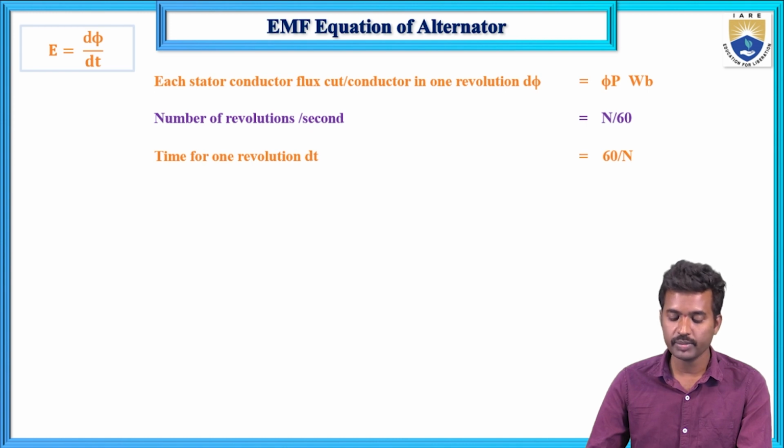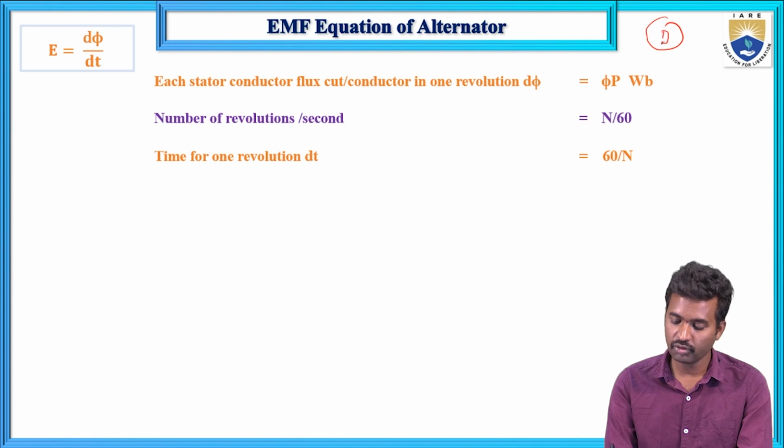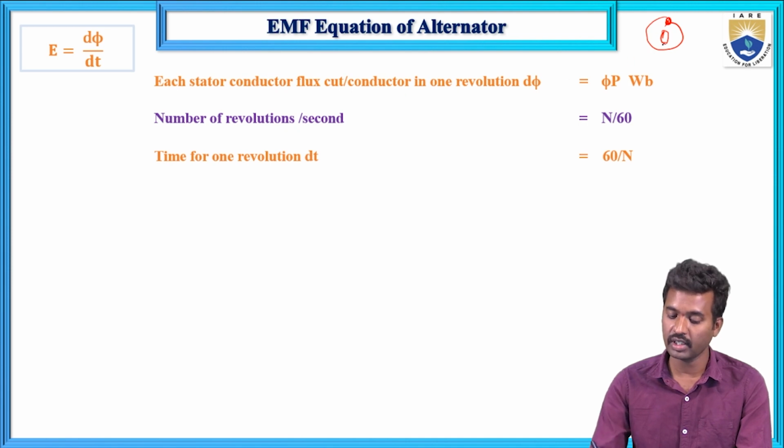Here the conductor is stationary and each stator conductor cuts the flux. This flux cuts these stationary conductors. Each stator conductor cuts the flux in one revolution, that is phi into P, where P is the total number of poles and phi is the flux per pole.